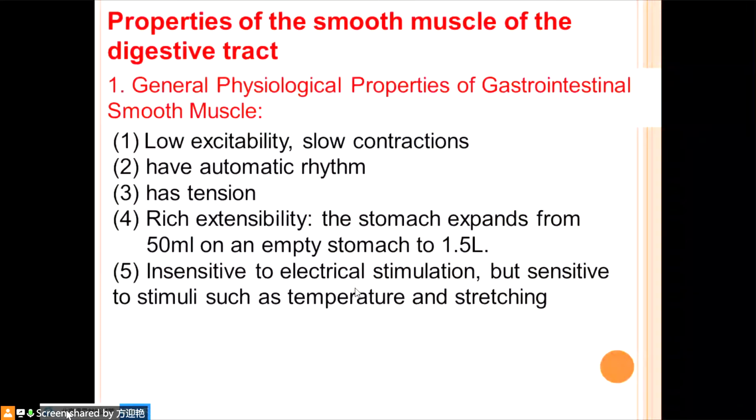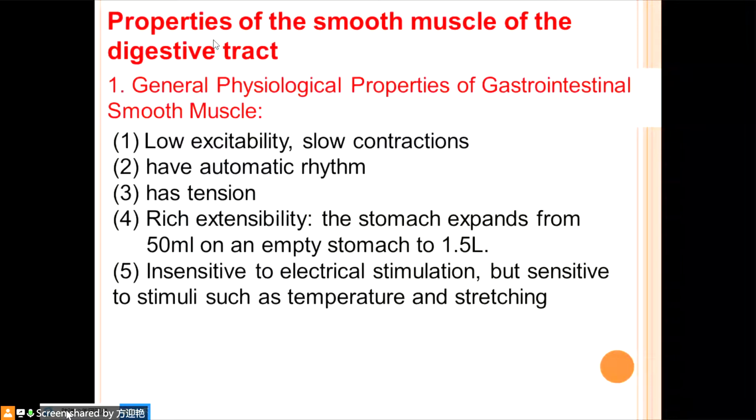Temperature is easy to understand: if it is very cold, the intestine is sensitive and even contracts. With stretching, during surgery the doctor stretches the gastrointestinal tract to find the disease point, and the patient is sensitive to this stimulation and feels discomfort.